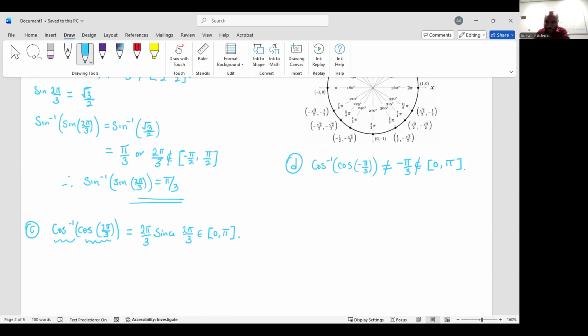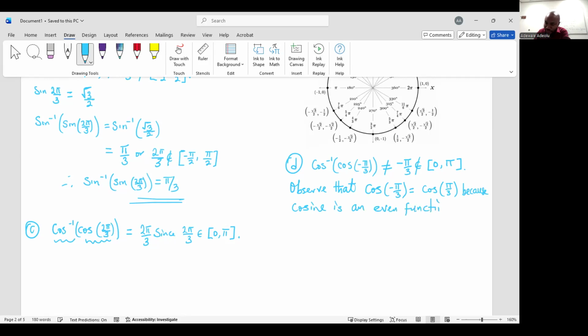However, look at this. Observe. We observe that, let us use one of the things we know. Observe the cosine of negative pi over 3 is the same thing as cosine of pi over 3. How do I know this? Because cosine is an even function.